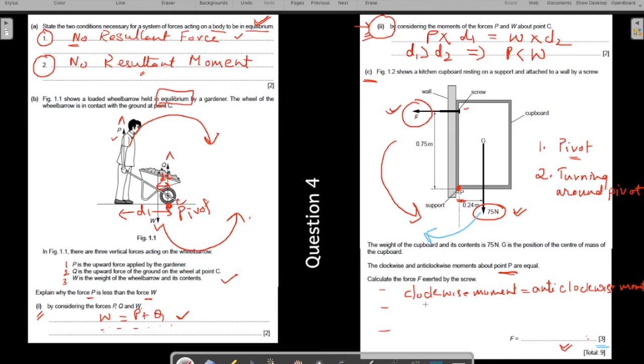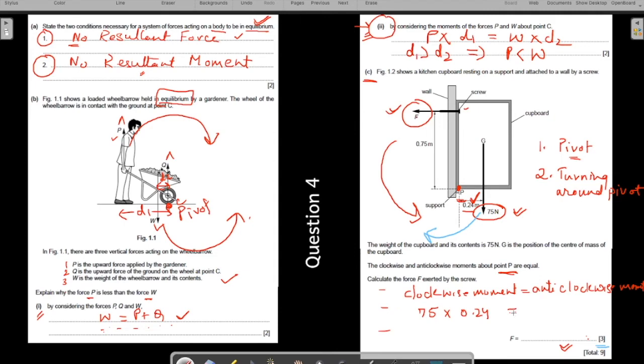Alright, so how much is the clockwise moment? The blue arrow is your clockwise moment. So how do you work it out? It is 75 newtons multiplied by its distance from the pivot, which is given to you as 0.24. So here in the diagram it is given to you where I am putting a tick. So where is it? Let me show you clearly. 75 newtons is at a distance of 0.24 meters.